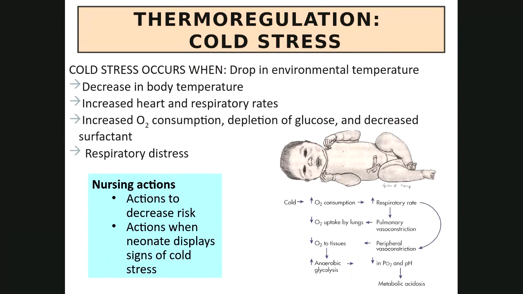There's a decrease in the body temperature, and that leads to an increased heart rate and respiratory rate. So the baby gets stressed, and this leads to an increased consumption of oxygen, which is going to deplete the baby's glucose and decrease surfactant, which is going to lead to respiratory distress in the newborn.